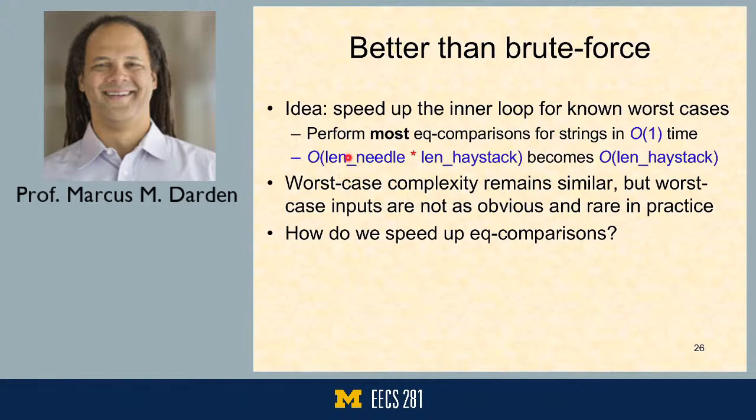We're not working through the length of the needle in the inner loop. We're just working through the length of the haystack. So that's what this is going to do. The worst case complexity is still similar, because I will run into situations where I might have to break down and do a full check, but it's a lot harder to get to a worst case scenario and much more rare in practice. So how do we speed up these equal comparisons?